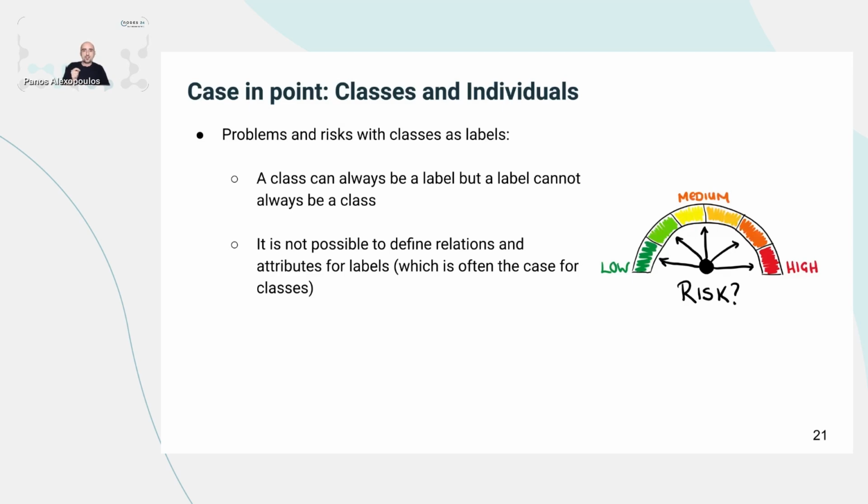Why? Because in its very definition, a class needs to have individual entities, needs to have instances. If it's not possible for a concept to have instances, then it should never be modeled as a class, right? So labels, because they have looser semantics and they can be anything, we need to be very careful when we transform them into RDF.